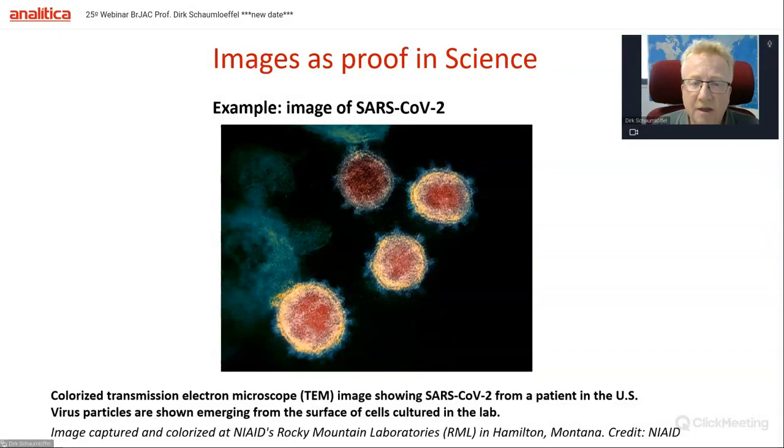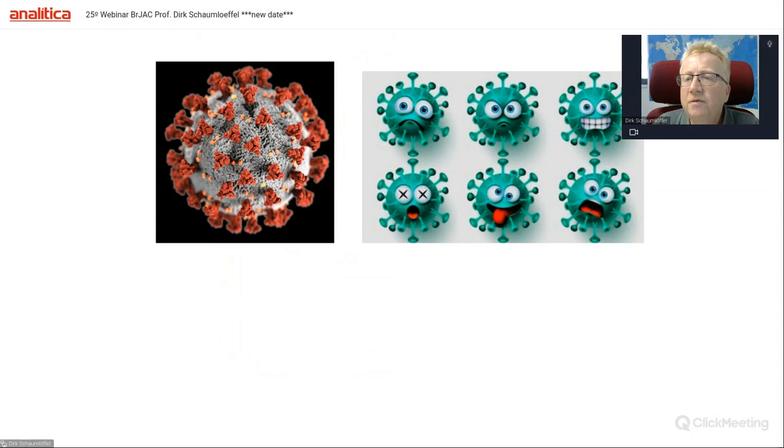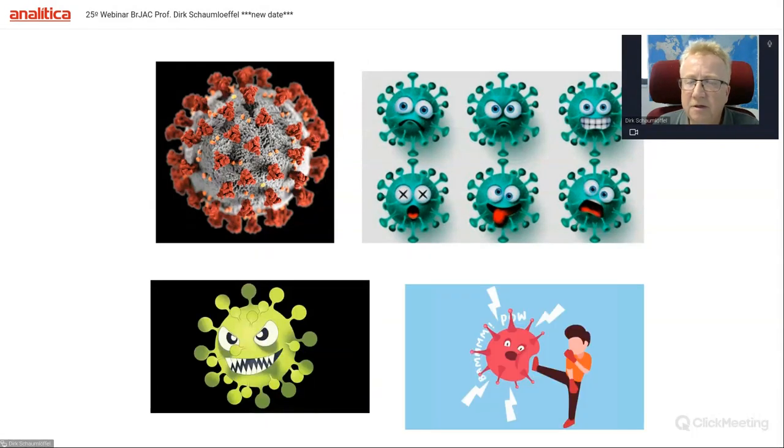And finally, these scientific images gave an example for a lot of popular images of the coronavirus, like this image here. Of course, these are artificial images, but behind them were the first scientific images from electron microscopy.